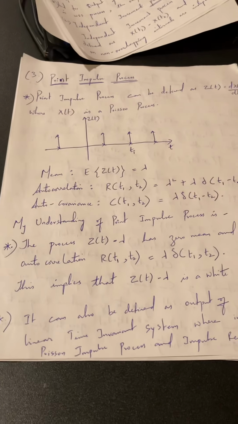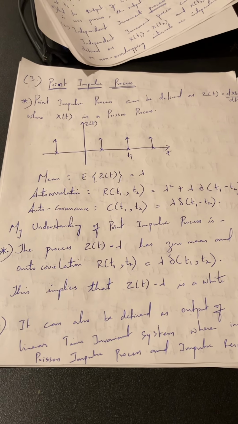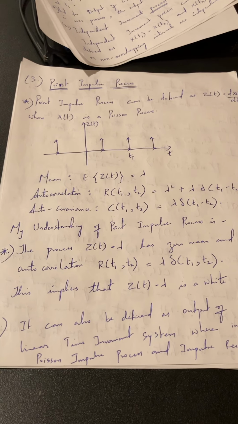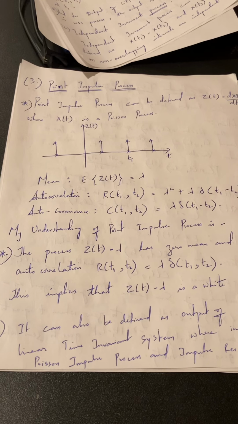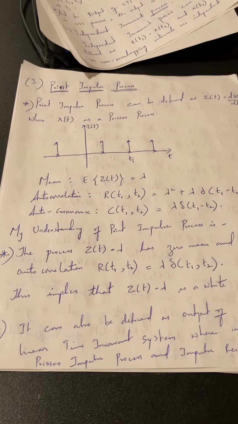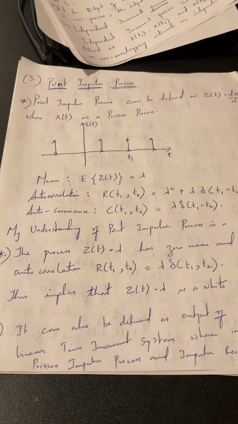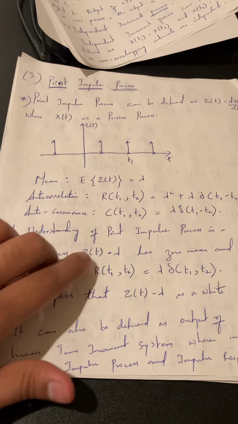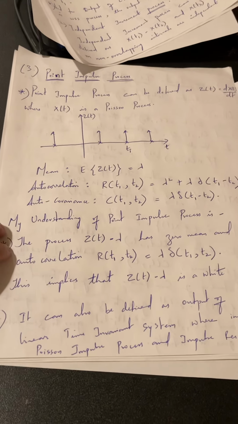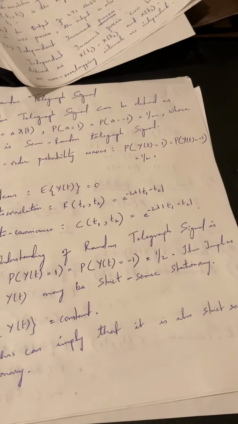My understanding of point impulse is that z(t) minus lambda has zero mean, and the autocovariance is lambda delta of t1 minus t2. This implies that it is a white noise. This is what I've understood from the point impulse process.